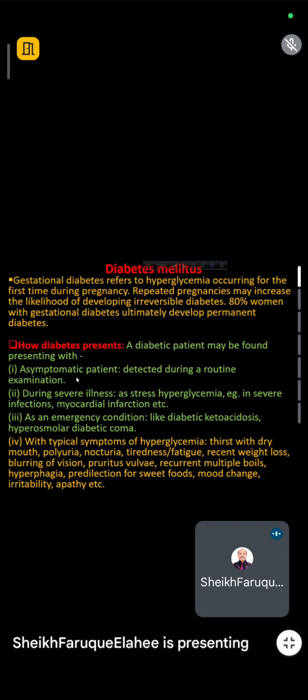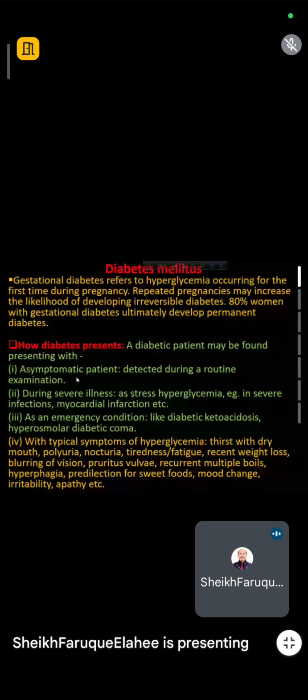And when you find a hint in his blood, you do more tests. When you find something in his urine, it will induce you to do more tests. If you find anything in the ultrasonography, oh my God, he has a contracted kidney, so it means he has renal failure, then you will send him for more tests.